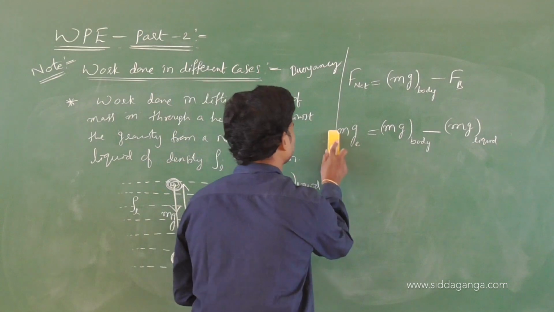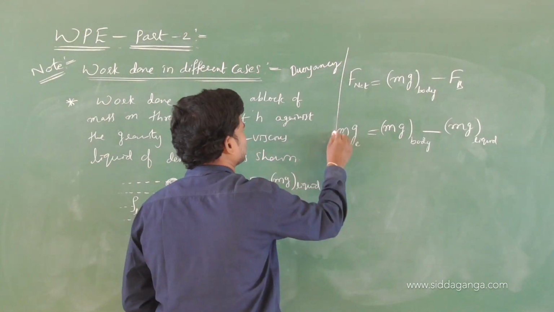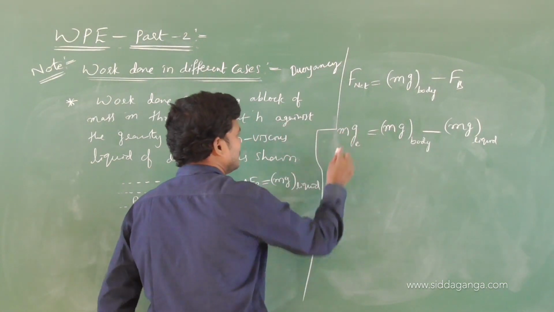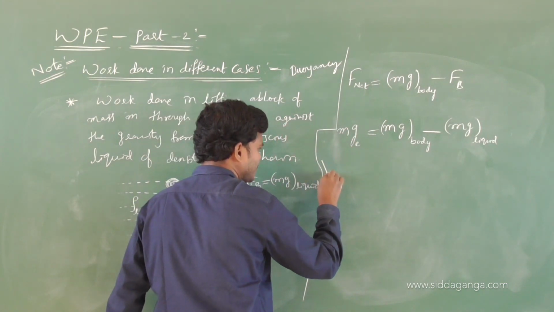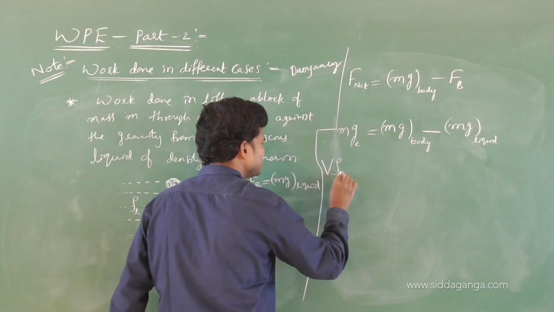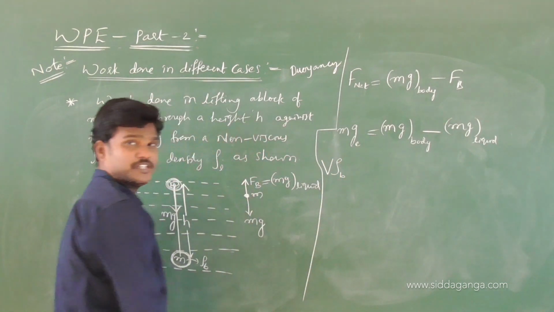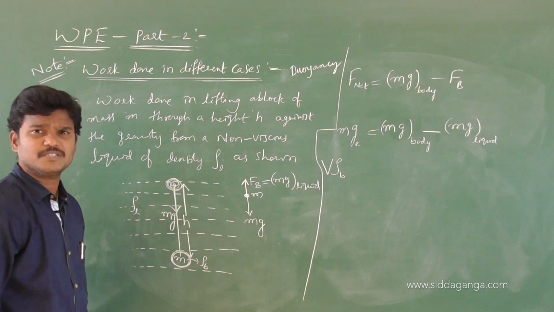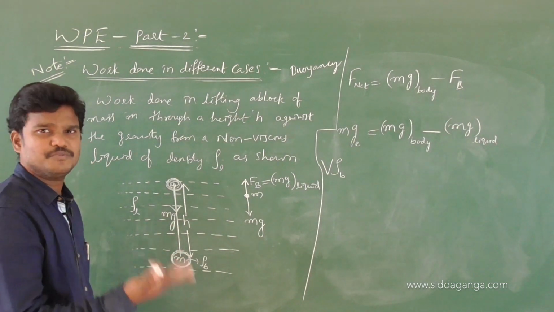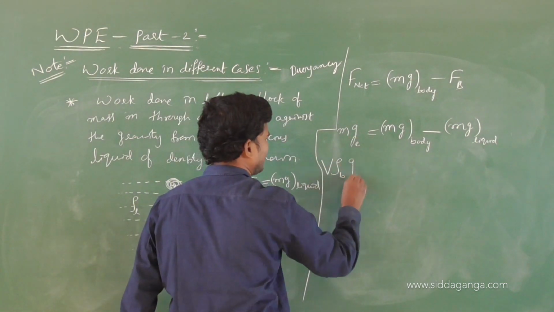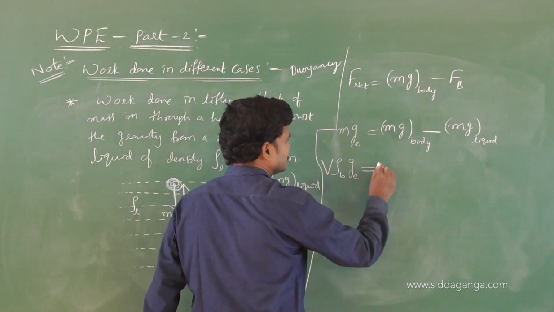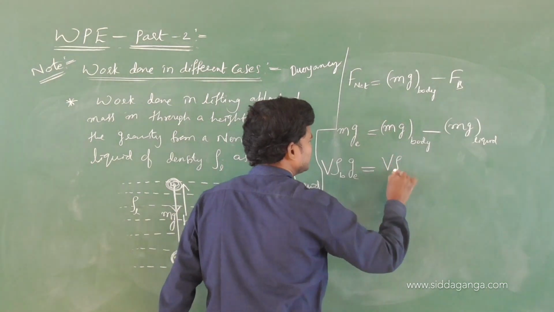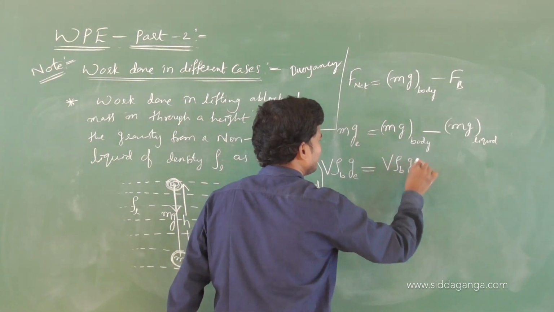Mass of the body we can write as volume of the body into density of the body, because density is equal to mass by volume, so mass is equal to volume into density. G effective is volume, density of the body and gravity.